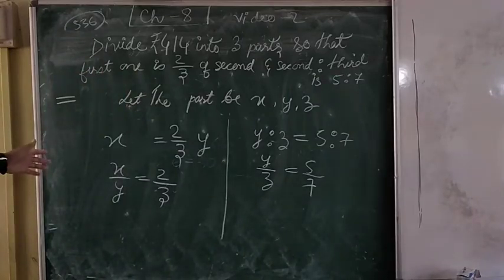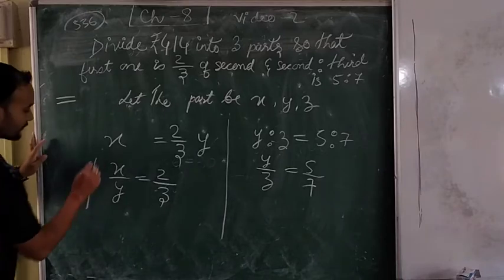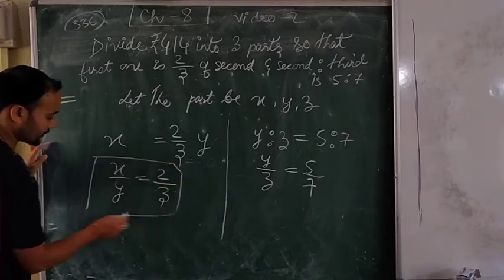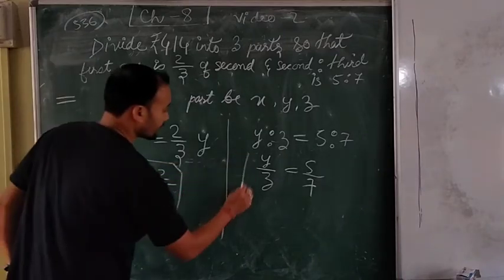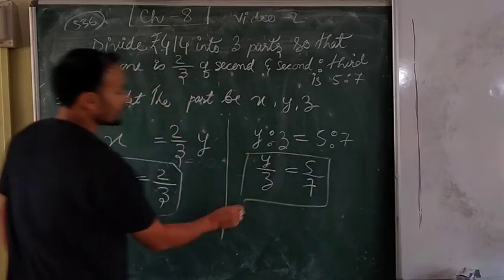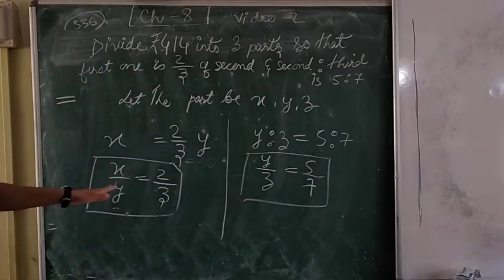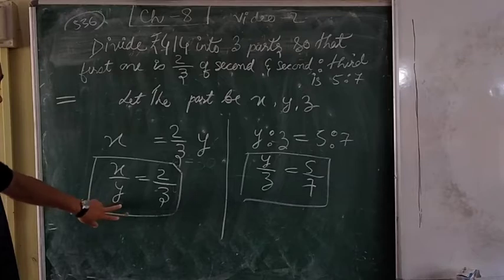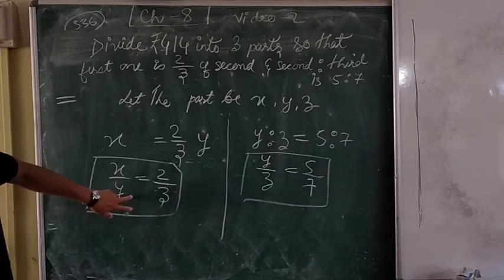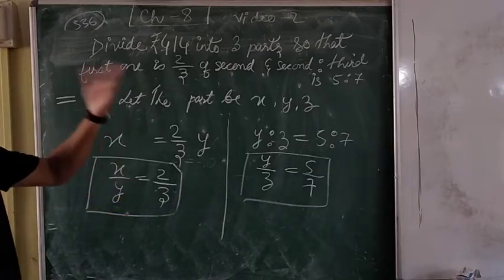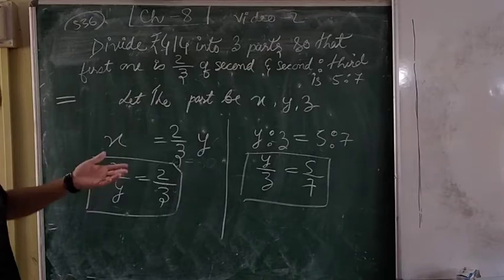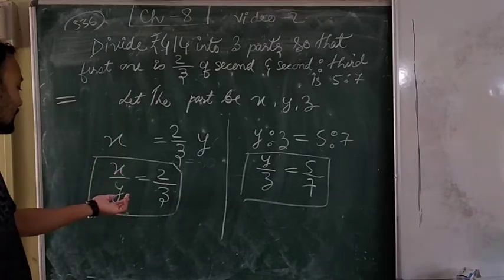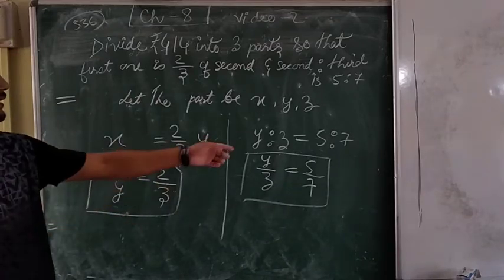Now we are having Y in both the terms. Our main work is to arrange the value of Y in such a way that it has the same value in both the terms. Here 3, here 5.